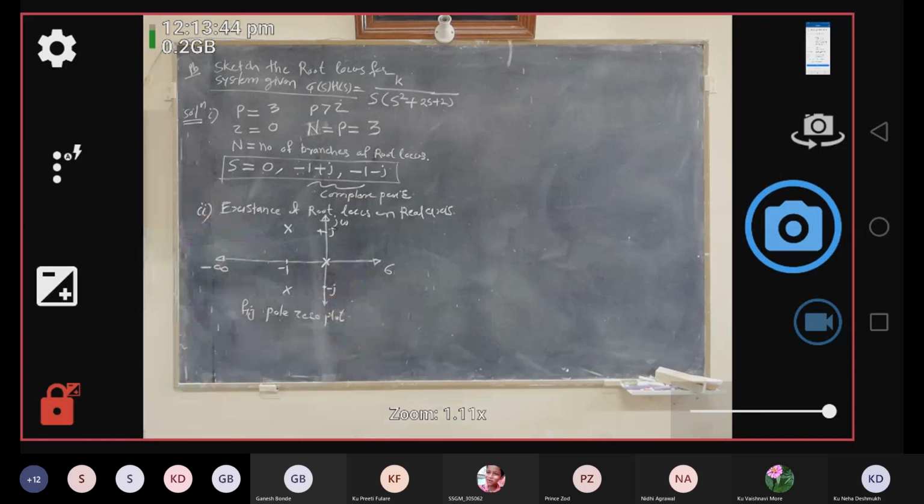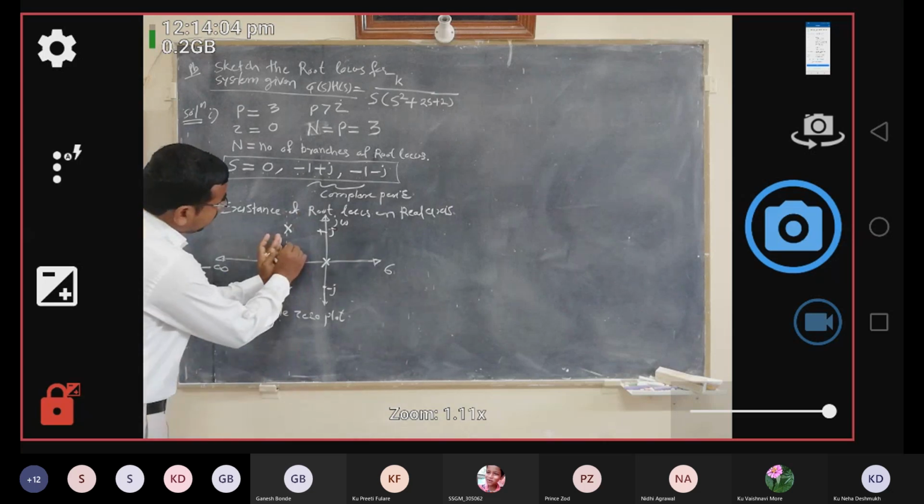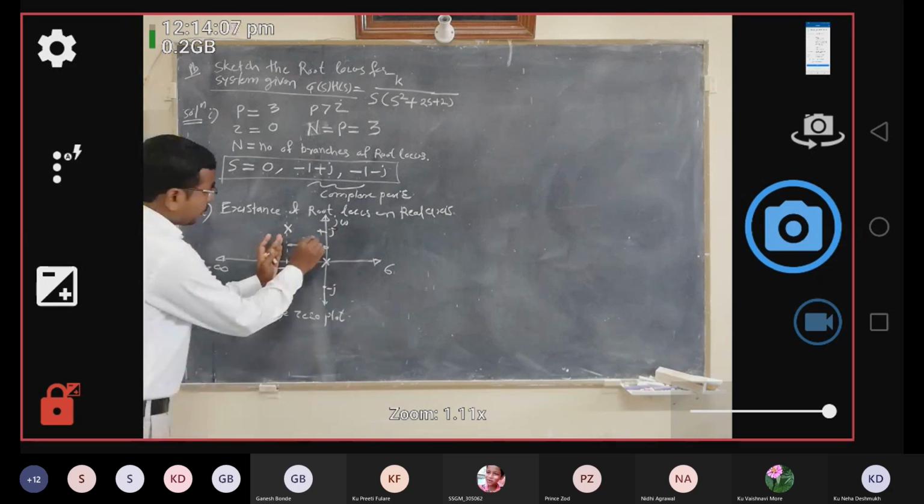Then how to find the existence of root locus on the real axis? You just divide your real axis into different sections. I first consider up to this -1. Beyond this -1, I just divide this; this is my first section, section 1.